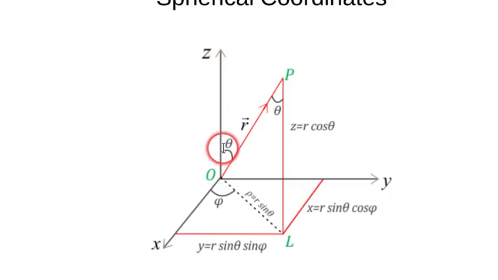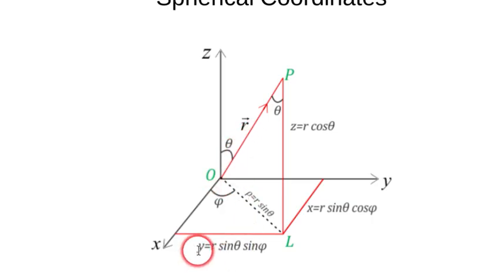And we have an angle here that defines how far this vector is from the north pole. That's the theta. And we have a projection of that onto the xy plane. And this angle phi is how far that projection is away from the equator. So we have 2 angles and 1 length.